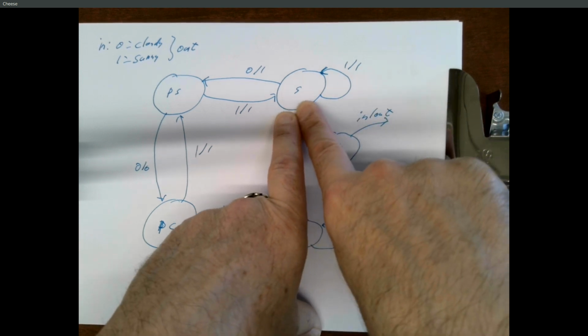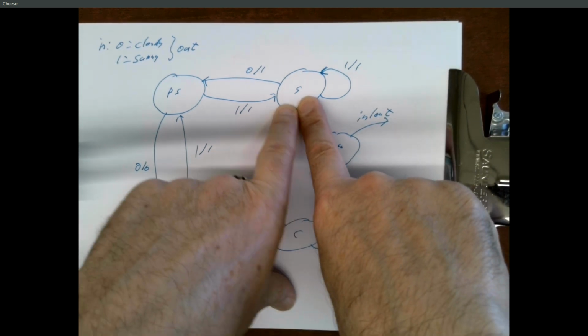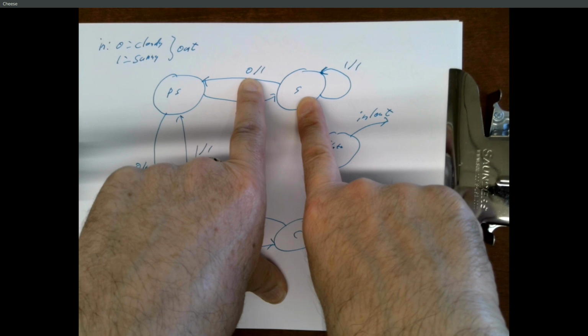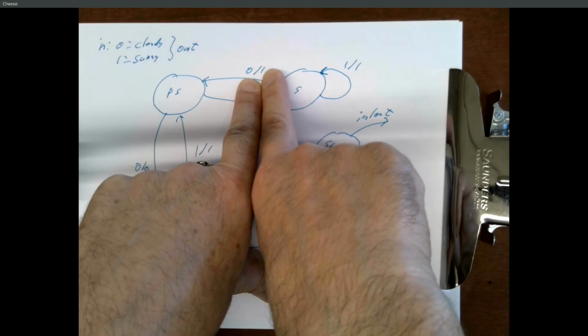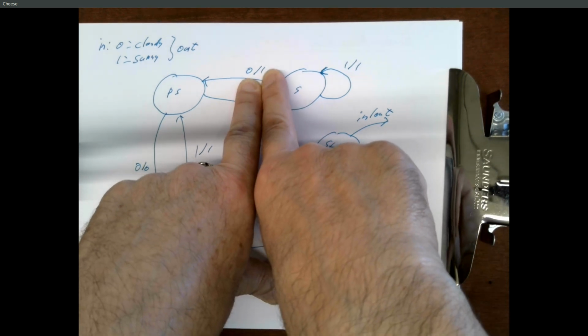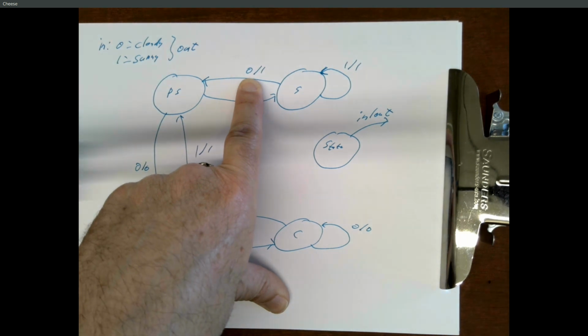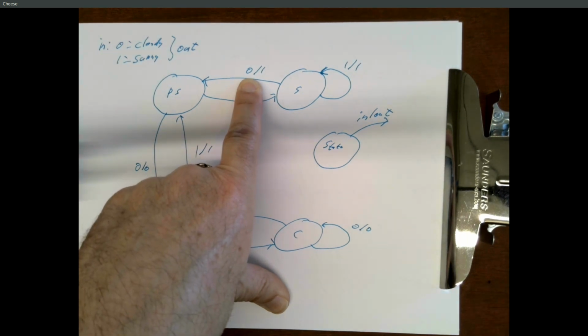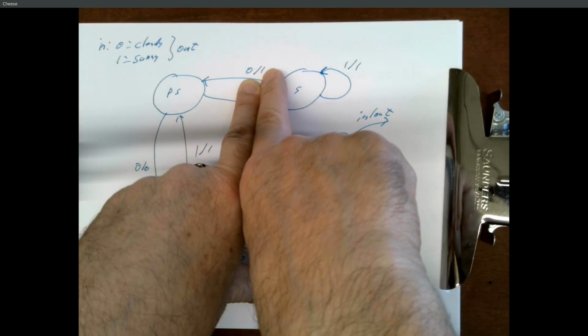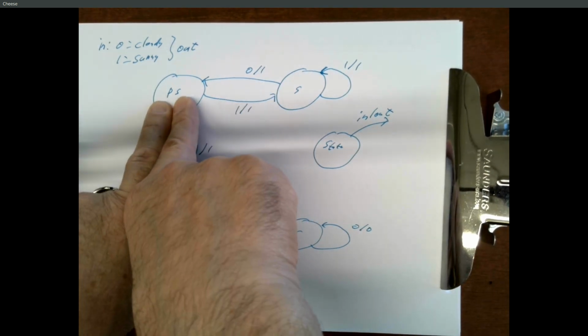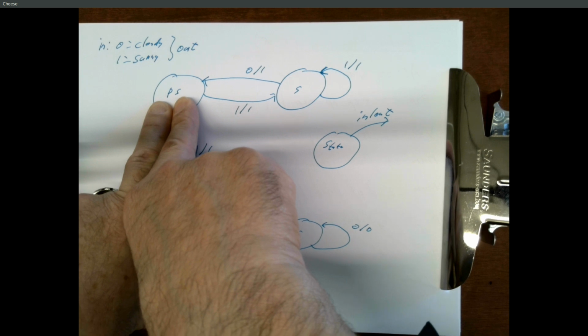If we've been predicting that it's going to be sunny, but it's actually cloudy today, we predict that tomorrow it's going to be sunny. Because if it's sunny for 5 days in a row and then there's one cloudy day, maybe it's just a fluke. So we're still going to predict that it's sunny, but we're going to move to the state PS, which is like probably sunny.